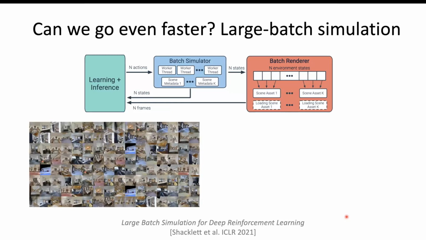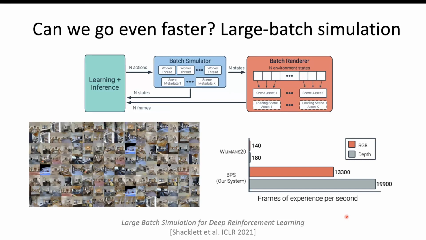What this looks like roughly is this essentially composited frame of 128 agents being rendered at the same time, navigating this world at the same time. And this allows us to, again, gain order of magnitude improvements in the overall performance, the speed of this simulation platform.